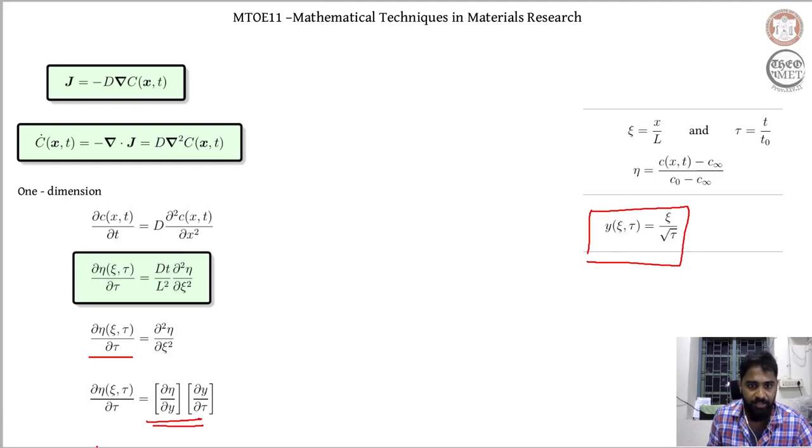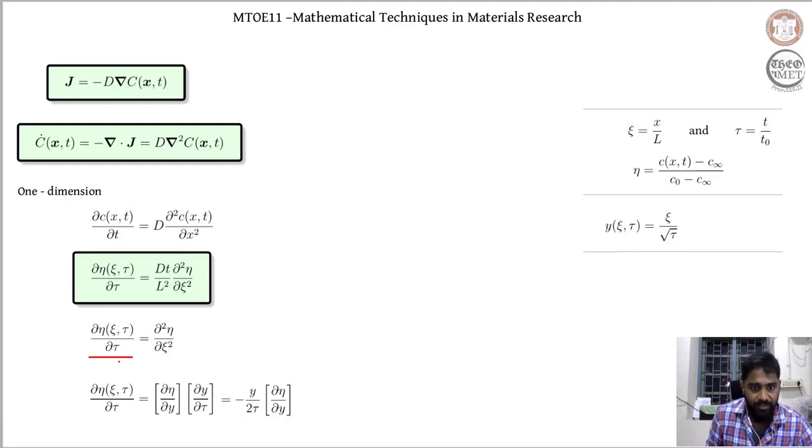My y is the dummy variable. Since I know y is expressed as this, this relation would help me solve for this term here, and correspondingly the left hand side of my PDE would end up looking something like this.